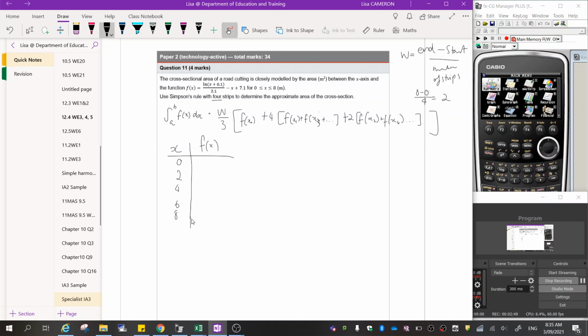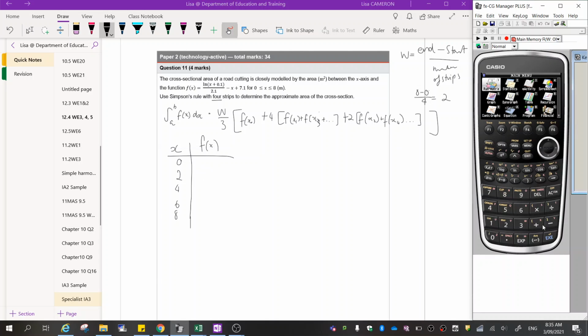Now, the next thing we're going to do is substitute these values into this function to find out what f(x) is. For this first one, let's go over to my calculator.